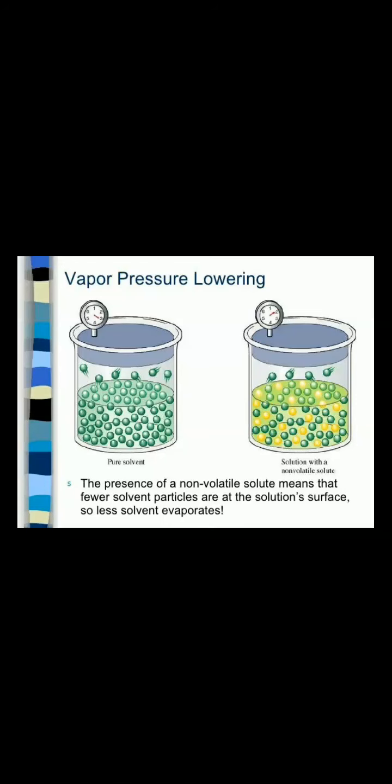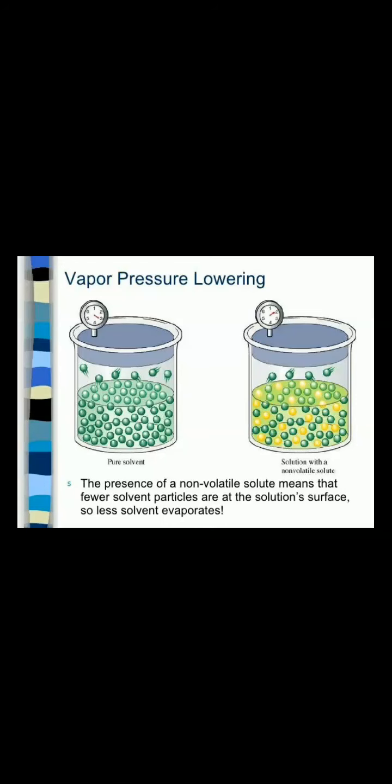As I mentioned, in the first diagram all the surface molecules are covered by the volatile solvent, but in the second container the surface is partly occupied by non-volatile solute. Hence, the rate of evaporation of the solution will be less as compared to that of pure solvent.